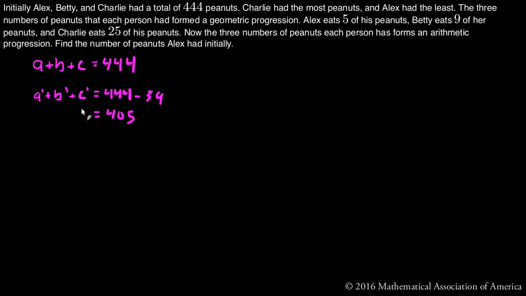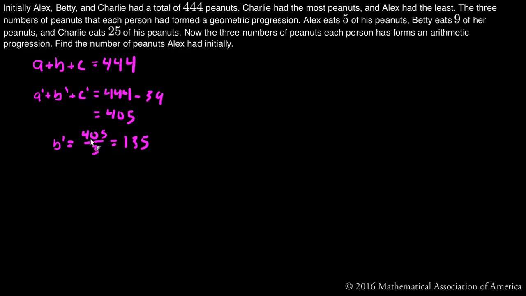Now for an arithmetic sequence, if you have an odd number of terms, the middle term will be the average of the terms, which means that B prime has to be 405 divided by 3, which is 135. Okay, lovely.